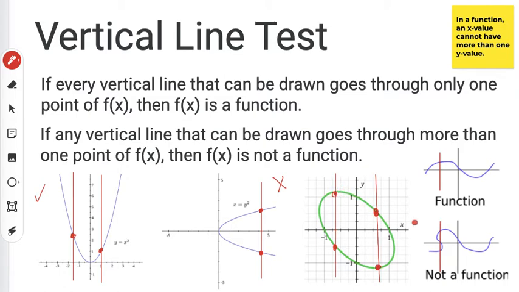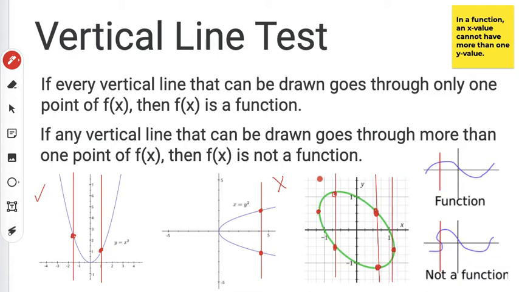Now the only point where a vertical line would go through just one point would probably be at the rightmost point and at the leftmost point. So if I was to actually draw a vertical line through here, it would only go through one point. Let me make it a little bit straighter. There we go.